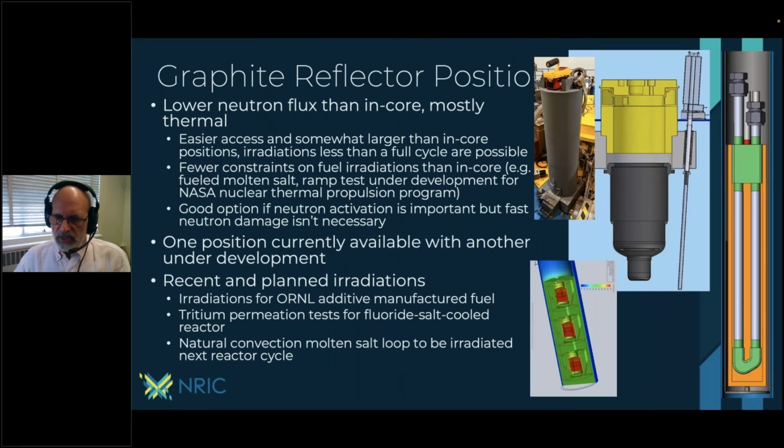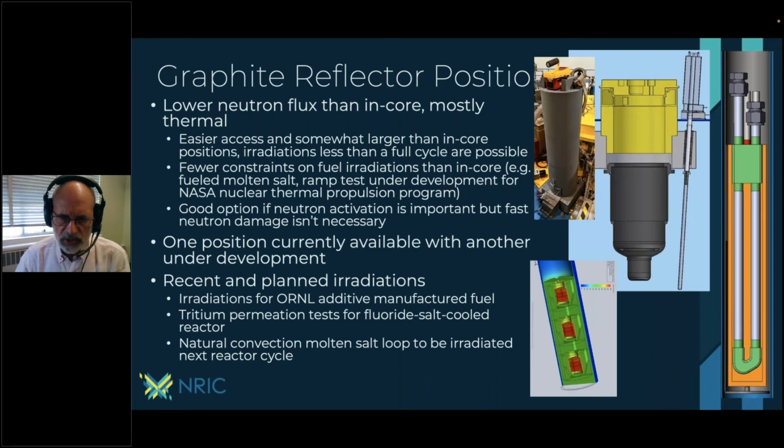All right, so in addition to those in-core positions, we do have also positions in our graphite reflector, which is somewhat easier to access. We can do less than full cycle irradiations there more easily, and we also have fewer constraints on that, in the sense that we can run actively cooled fuel samples there, for instance, which we can't do in core.